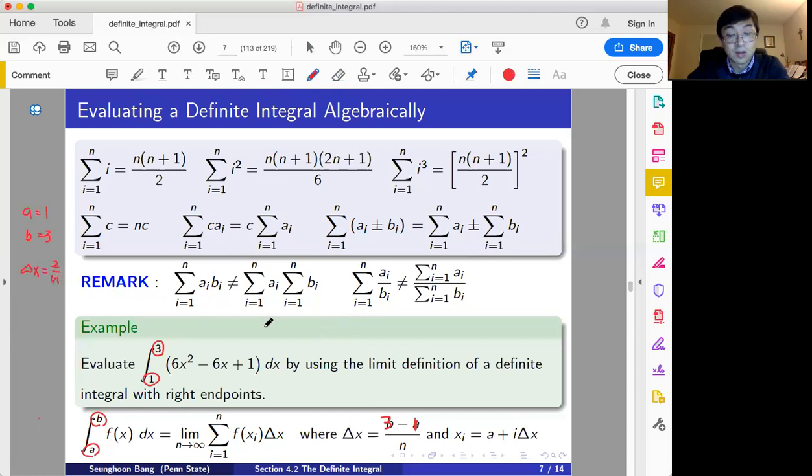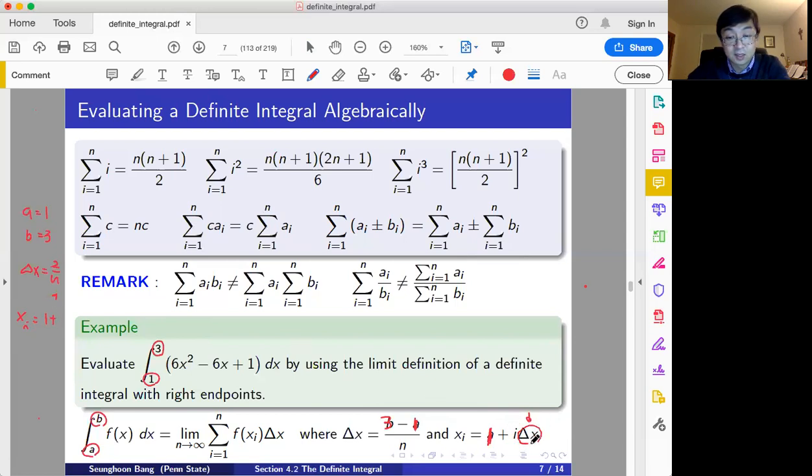The next one is x i. A equals 1, so you can plug a equals 1 into the formula.